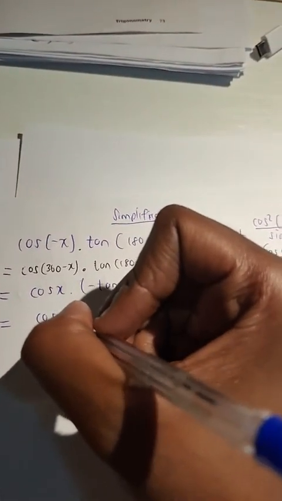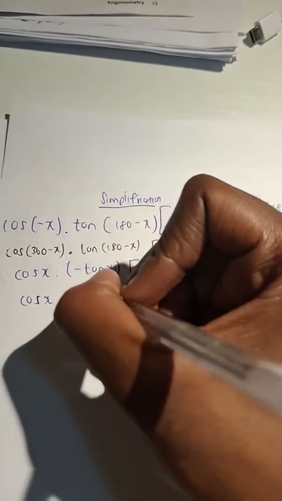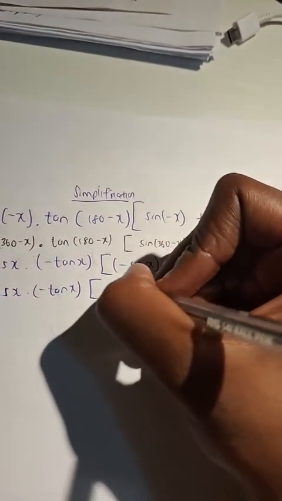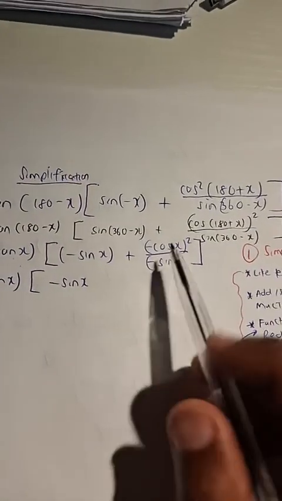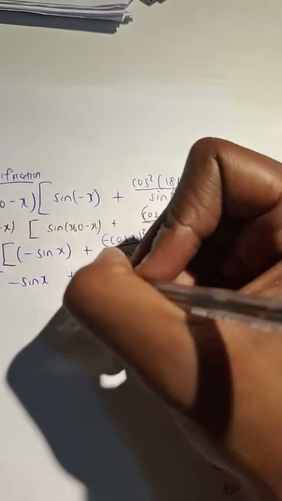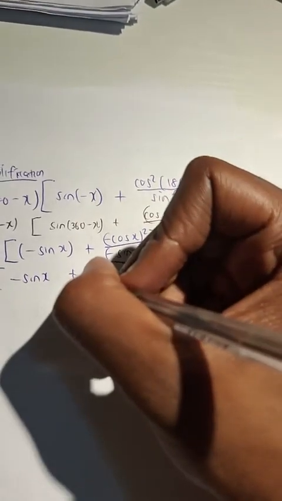So for now, let us just say cos x, negative tan x. I'll deal with them. I also want to deal with the inside here. Obviously that becomes plus cos squared x over sine x plus negative sine x.